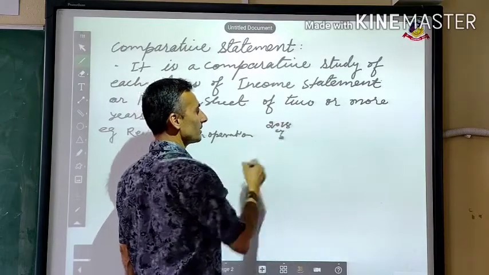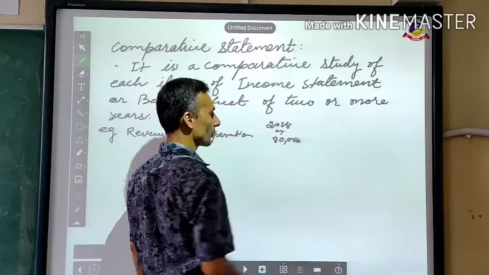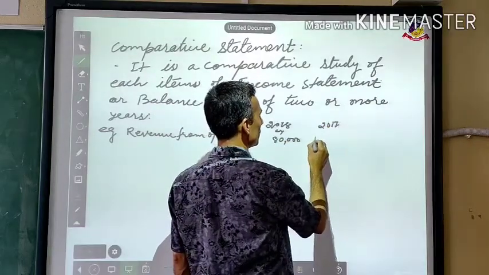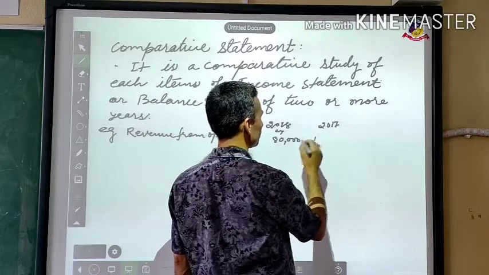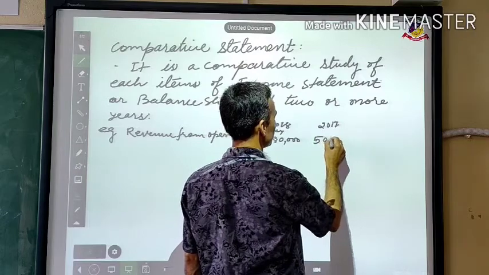This is my current year. Supposing the value here is say 80,000. Okay. And in 2017 the value was say 50,000.